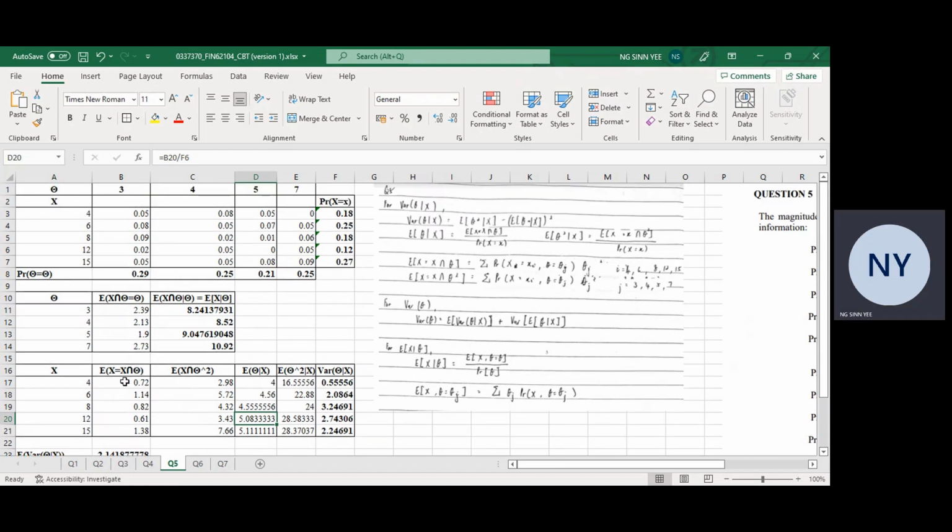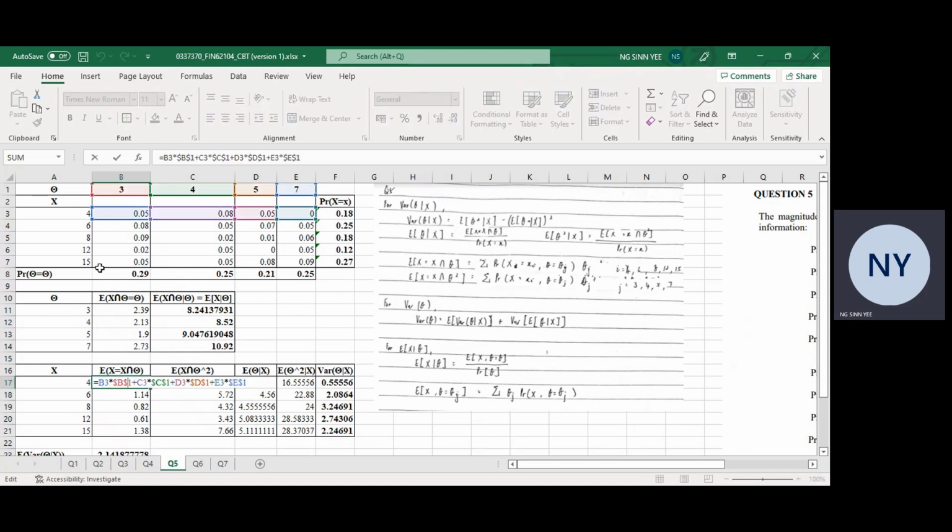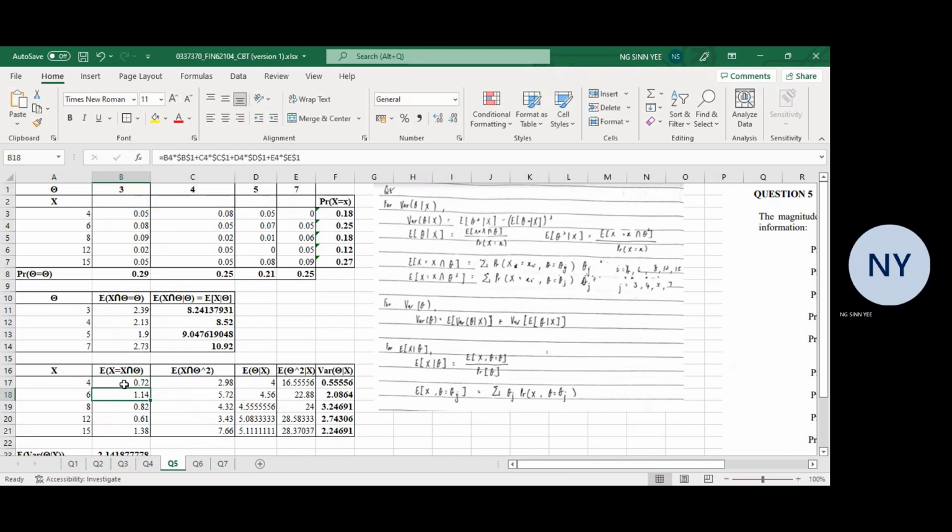So it's the same procedure: we take the joint probability of x equals to 4 and data equals to data, and we multiply it with different values of data, which are 3, 4, 5, and 7. After that, we would be able to get the joint expected value of x equals to x and data.